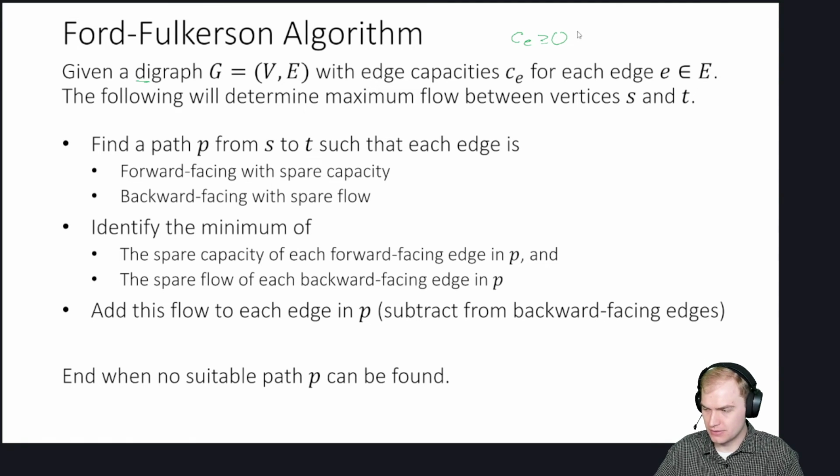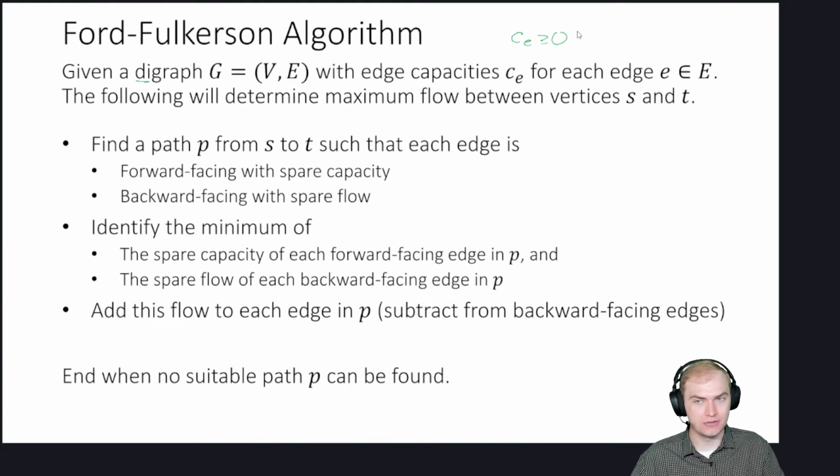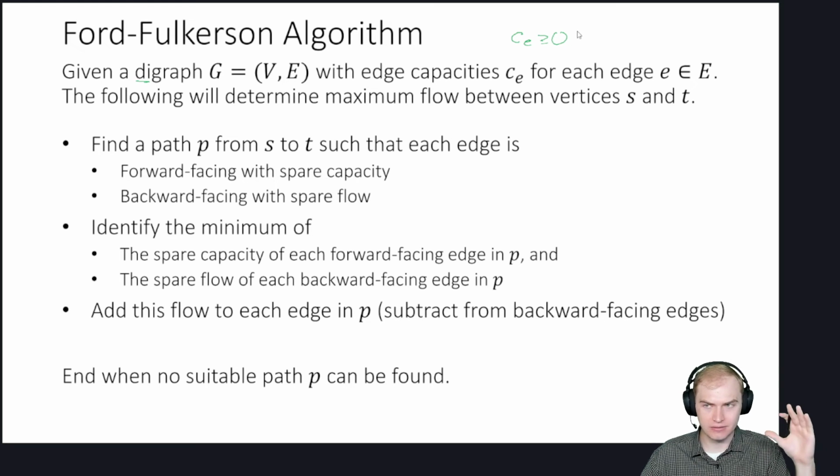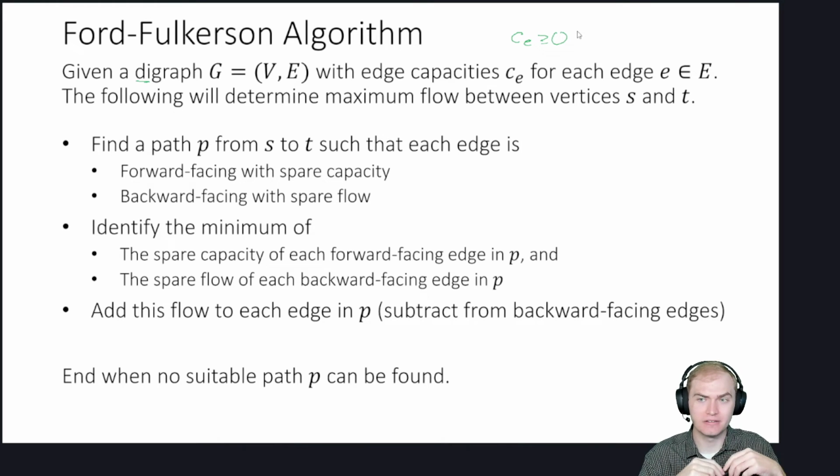The maximal flow informs the minimal cut. We'll see that depending on how far we get with this algorithm. The idea is that we're going to find a path from S to T, and we can do that using a depth first search, or there are a variety of ways to find just a path. It does not have to be a shortest path. In fact, if you ask for shortest paths, the algorithm is not going to finish to completion.